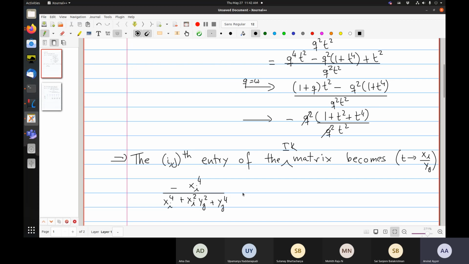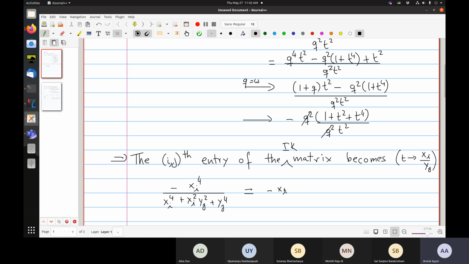Okay, and this I can write, so, okay, now some more jugglery. So this factor depends only on I, right? So I can pull it out row wise outside the determinant.